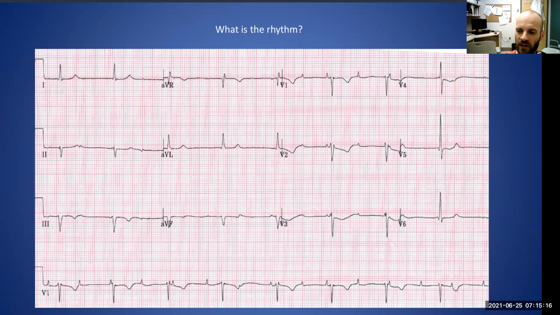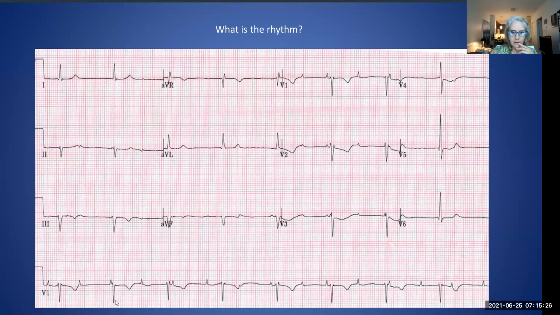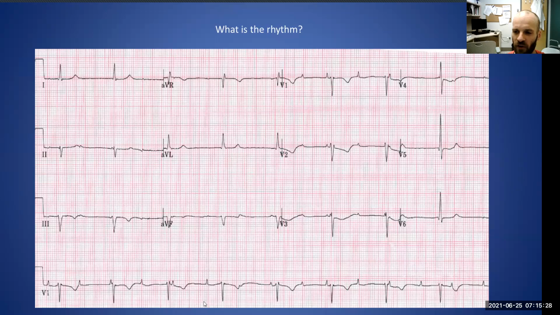So the PR interval is long. So that's one key part of it. But what else? But there's still a one-to-one relationship. So there's a long PR interval, but every P wave is followed by a QRS complex. So every beat gets through, but it takes longer to get there. So in first degree AV block, there should still be a one-to-one relationship between P waves and QRSs.